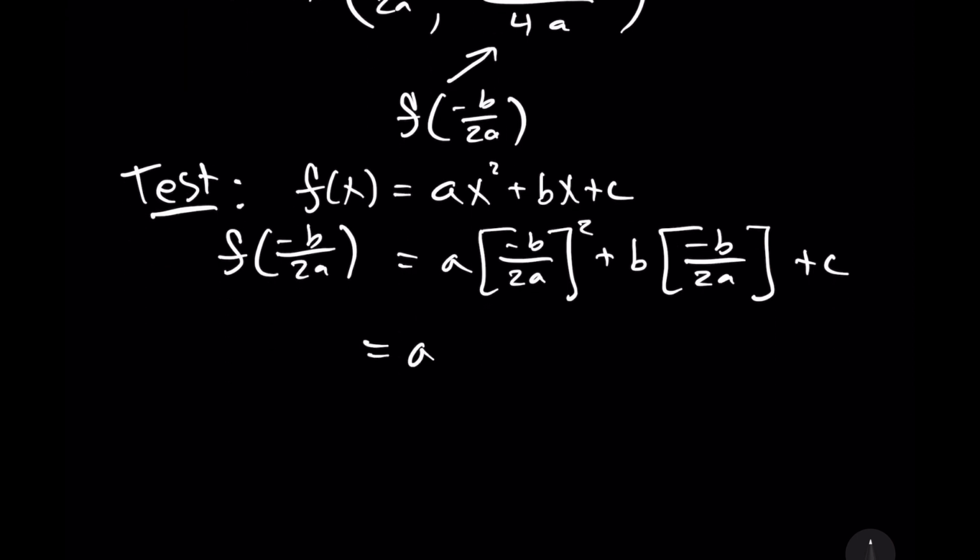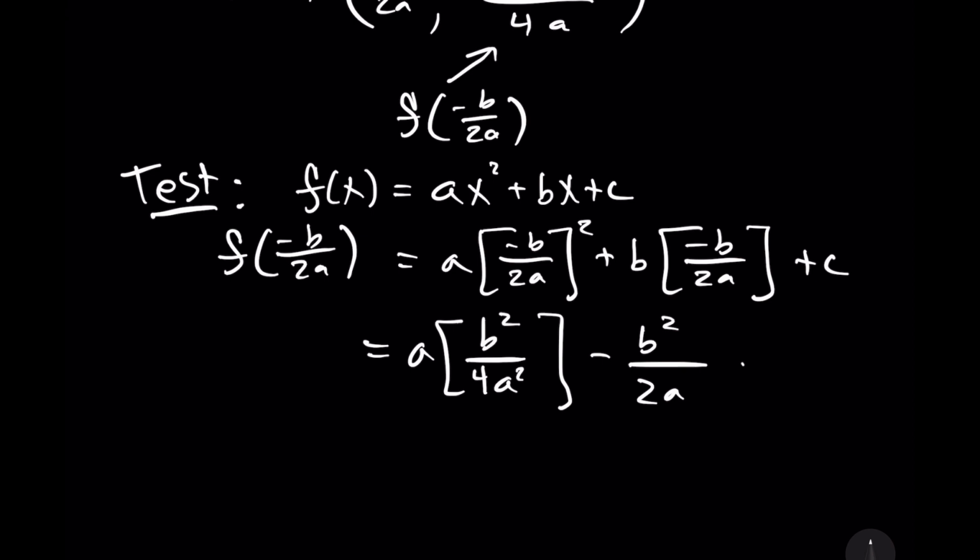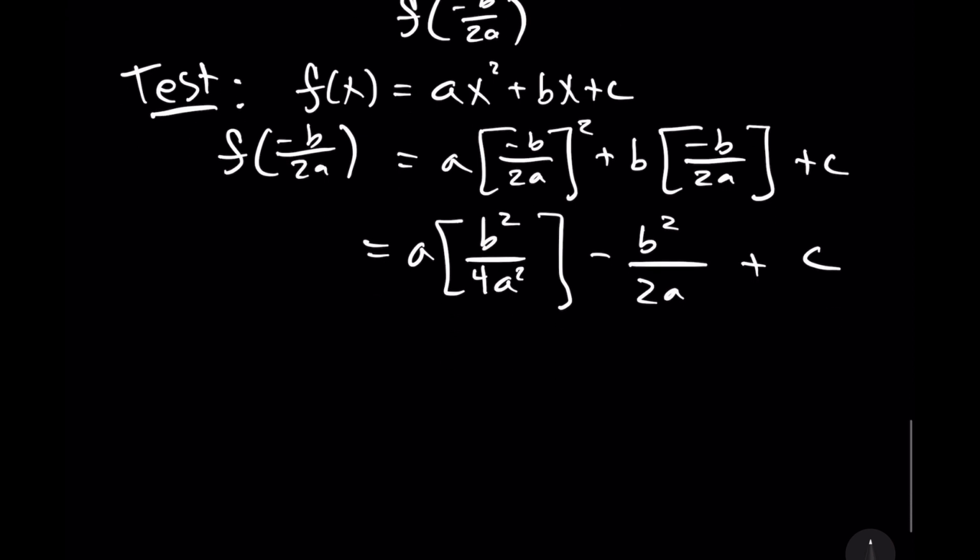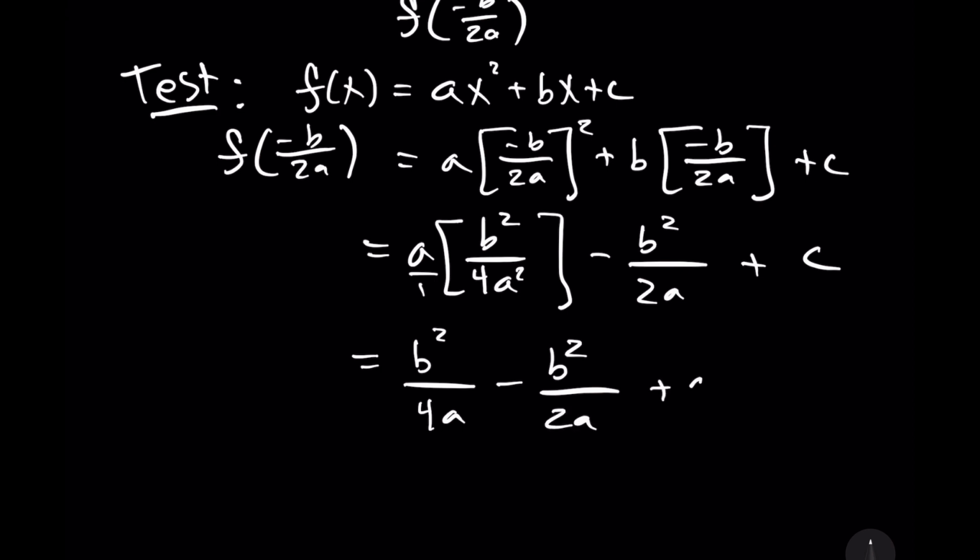So let's just square that. So we get b squared over 4a squared, minus, well, b and b, so b squared over 2a, plus our c. That a is over 1, so we get b squared over 4a minus b squared over 2a plus c.